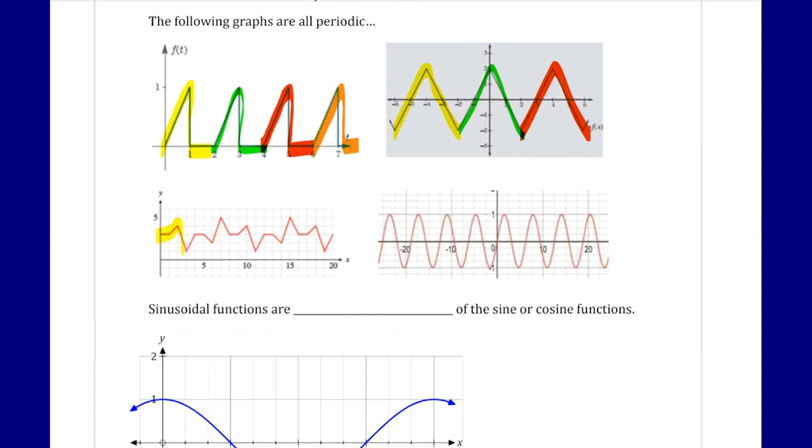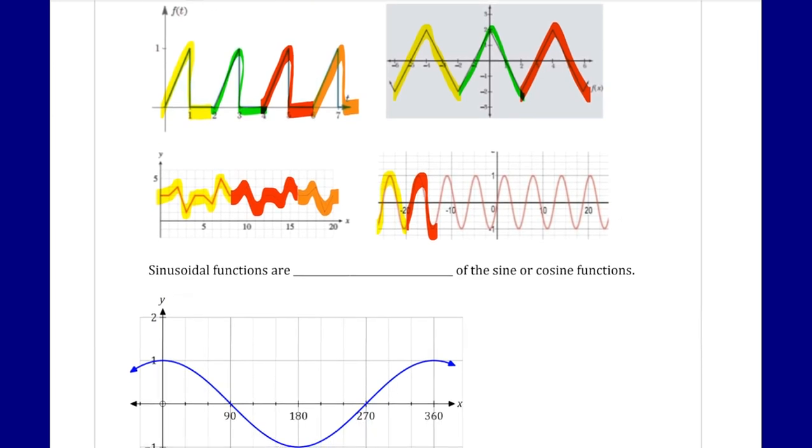This one, there's 1, 2, and so on. And here again, there's 1, 2, and so on. So these are all examples of periodic functions.